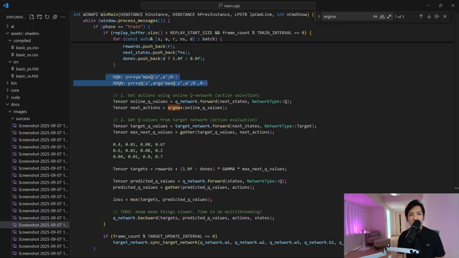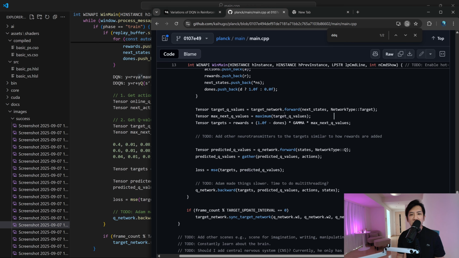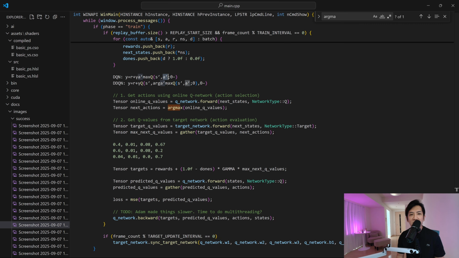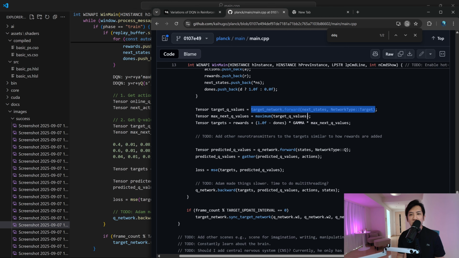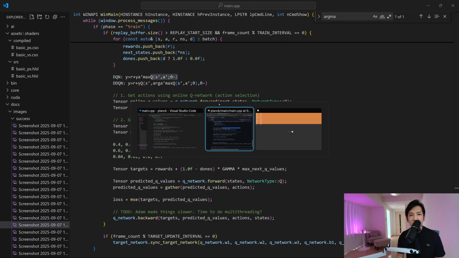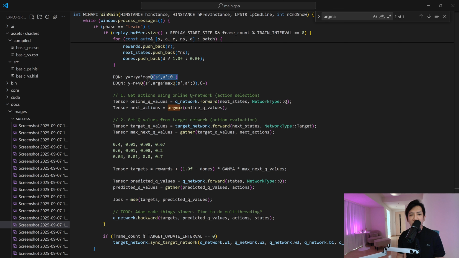So for the DQN, the action is selected by this target network. This is equivalent to these lines of code, and you take the maximum.